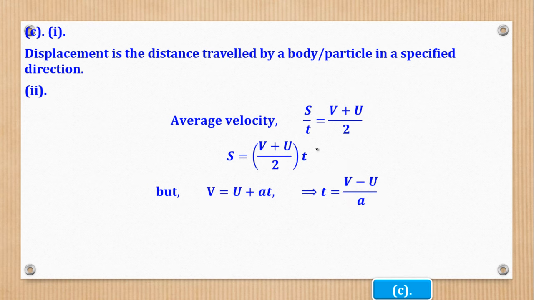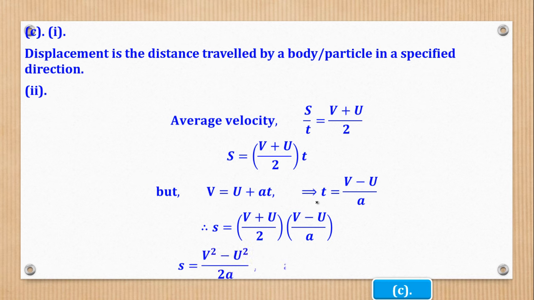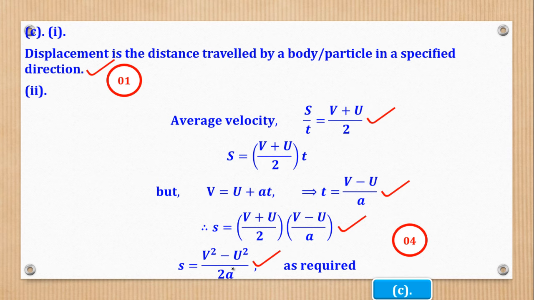When I substitute, I'll come up with that. Then I realize that this numerator is a difference of two squares, which is v squared minus u squared, and the denominator is 2a, and that's what they wanted. So that's how you could get the 1 mark for this and 4 marks for that.